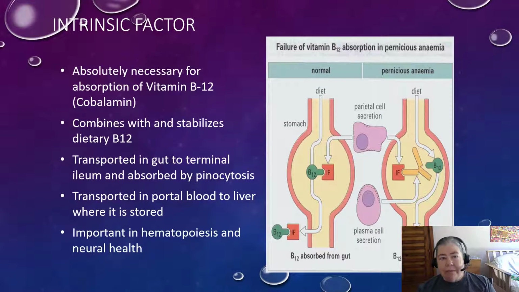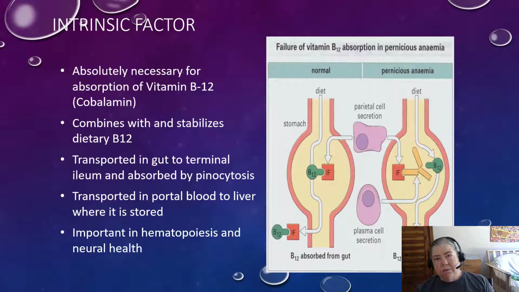So you absolutely need intrinsic factor to allow for absorption of vitamin B12. It combines with the dietary B12 in the stomach, which was first bound to a protein in the saliva. It is transported through the intestine to the terminal ileum, where there is a specific mechanism using pinocytosis to absorb it.